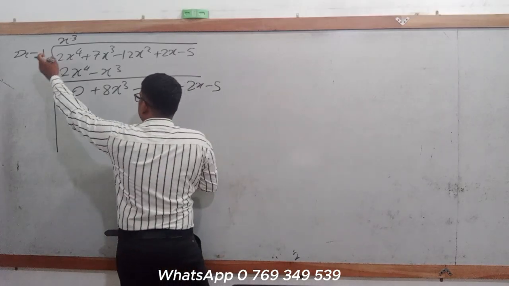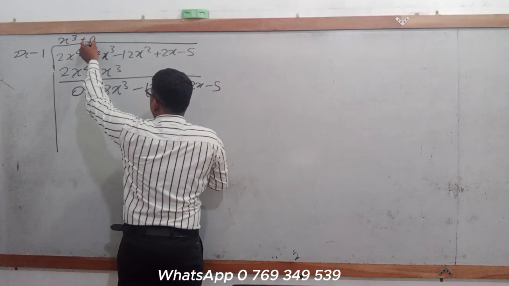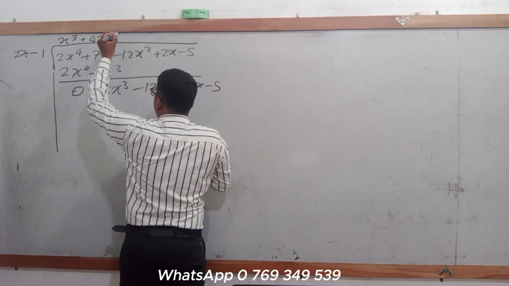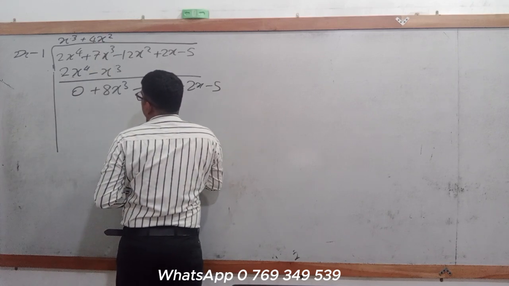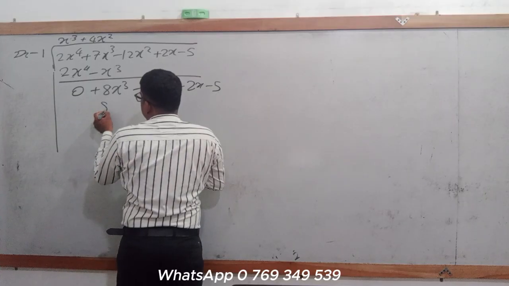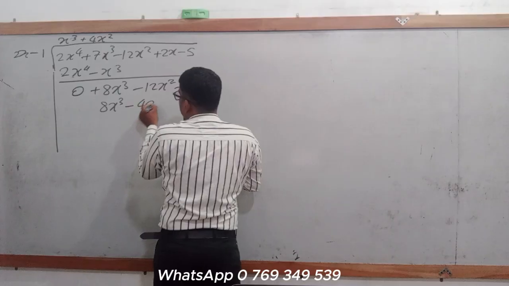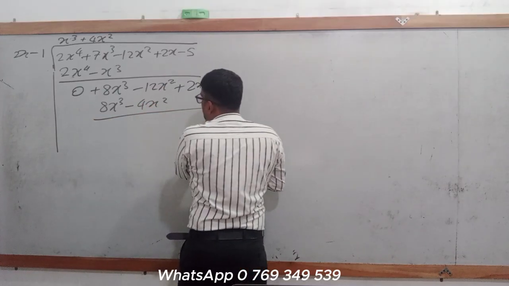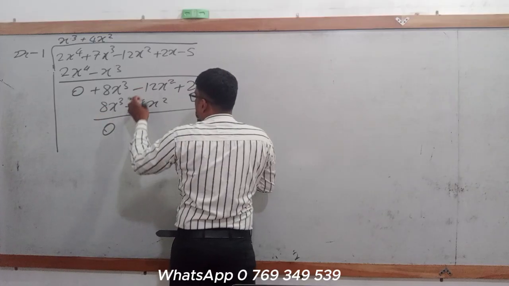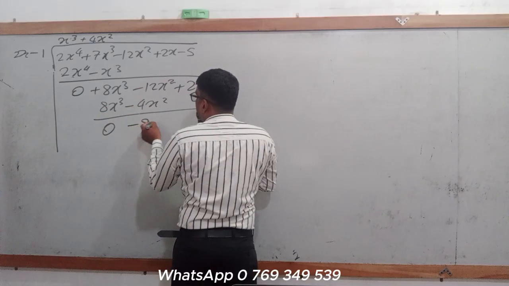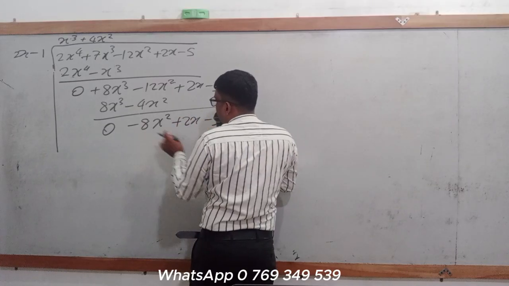And this one divided by that one, that is plus 4x square, right? Again this is 8x cube minus 4x square. Again here this one minus this one is 8x square plus 2x minus 5.